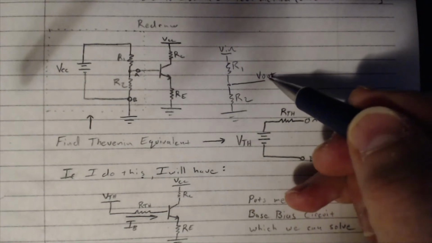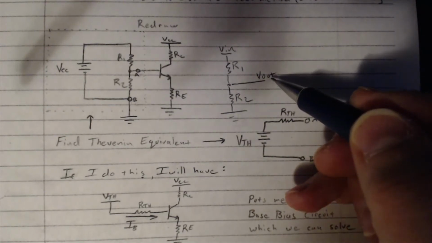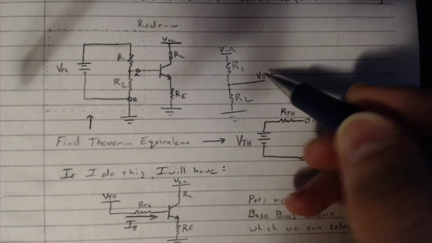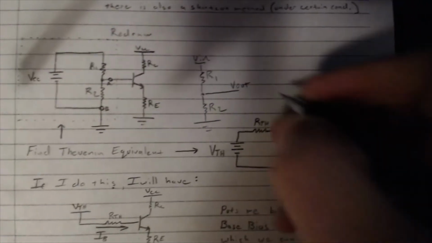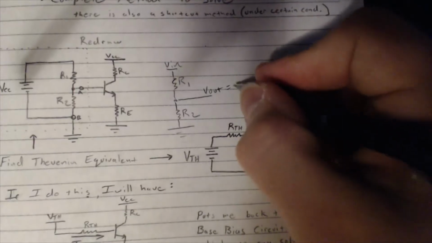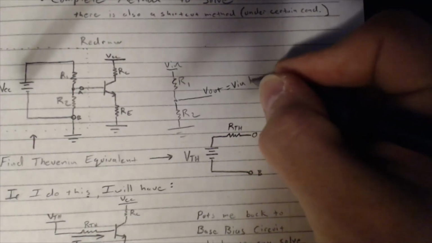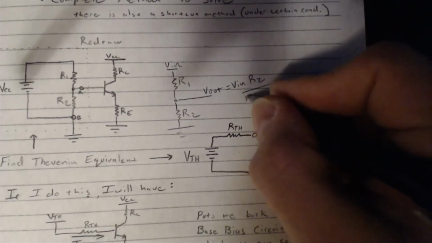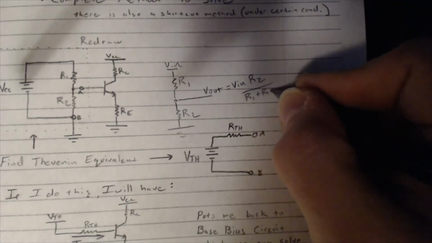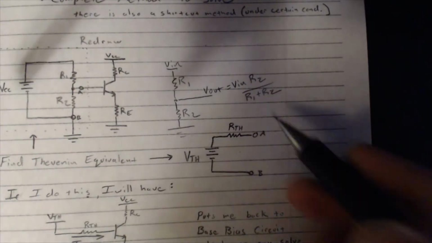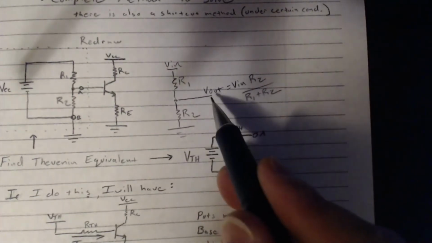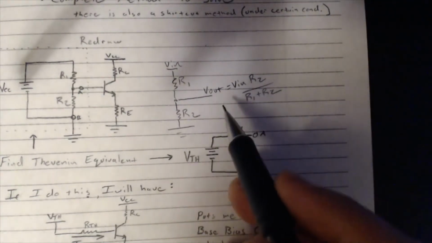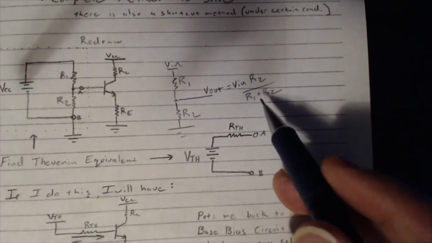So Vout is going to be some value less than Vin, right? And the equation that we get is Vout is equal to Vin times R2 divided by R1 plus R2. You can figure this equation out from your basic rules, so I'm not going to go over how to do that. Hopefully everyone remembers how.